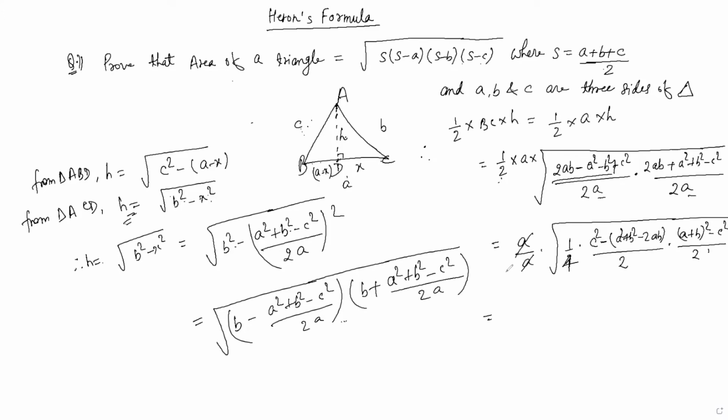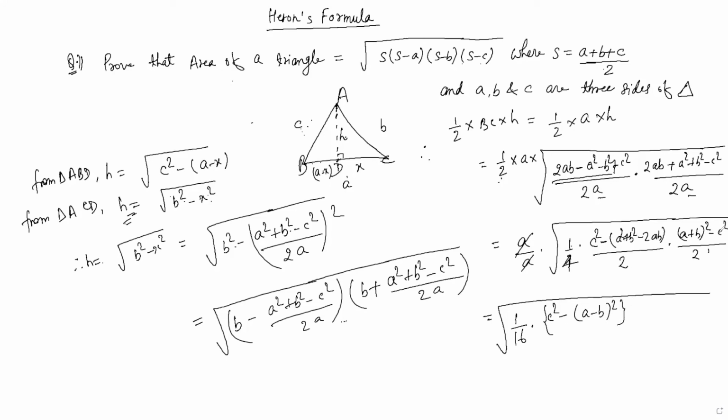The a's will cancel. Now you will have 1 by 16 into, now this is in the form of c square minus (a minus b) whole square.